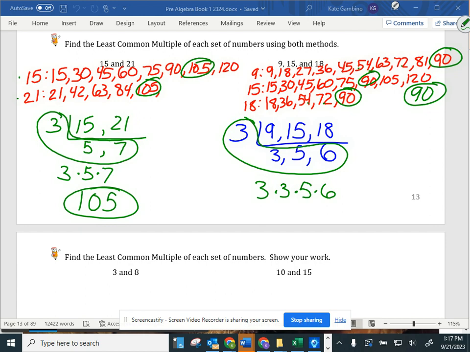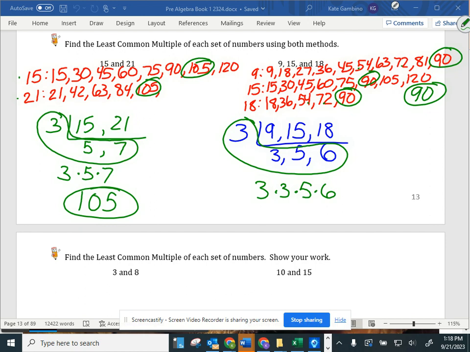I did 3 times 5 times 6, but I got that and I cleared it already. I got 800. I got 810. I don't know how you got 810. 3 times 3 times 5 times 6 is definitely not 800. Okay, friends, have a seat.